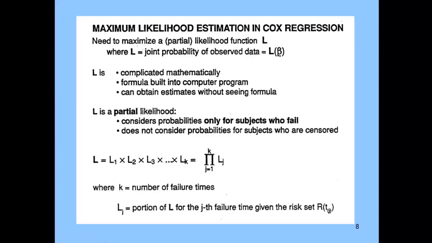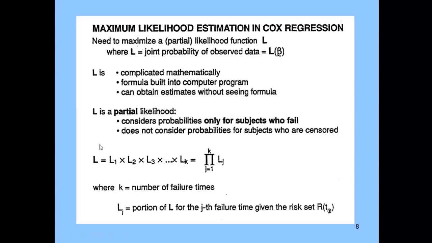L1 is based on the first time that somebody fails, and L2 is based on those people that failed after the first time, given that these are the ones left over. In other words, L2 is determined from the risk set, only those people left over after you get rid of the people that failed at time one.